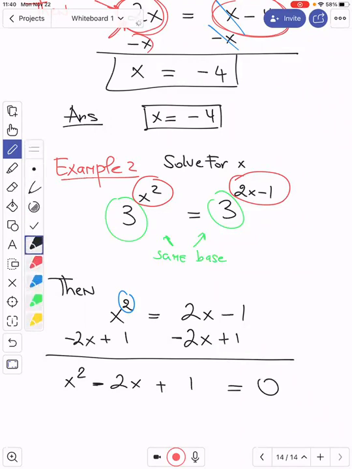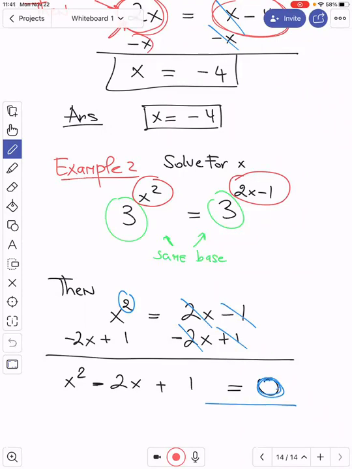I moved everything to the left side, right? As you can see, this is just a quadratic equation with the x squared. It's quadratic because the highest power of x is 2.